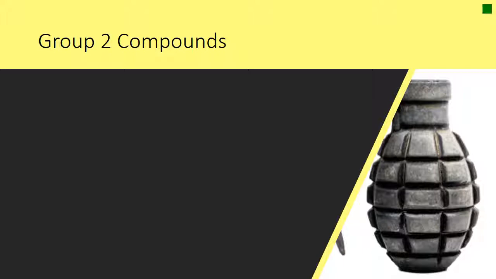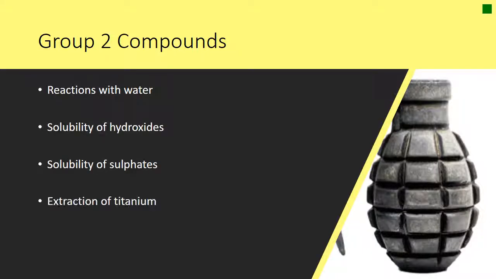Okay, that wraps up our video lesson. Let's just check that we've done everything we said we were going to do. We've looked at the reactions with water to make hydroxides, and we've looked at the solubility of those hydroxides and the trend in the group. We've also looked at the opposite trend of the sulfates, and we've looked at the extraction of titanium by producing titanium chloride.